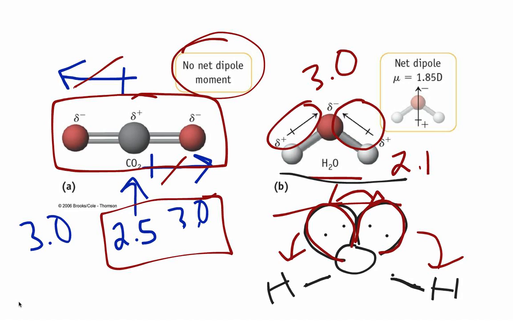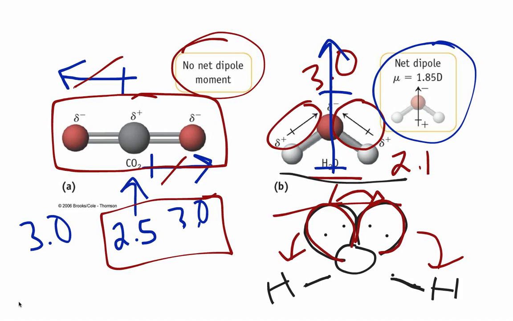They're not in equal opposite directions; they're overall going in the same direction. So the left and right pulls might cancel out, but overall they are pulling charge concentration towards that oxygen. So that oxygen ends up with a partial negative charge, and the hydrogen side is partially positively charged.